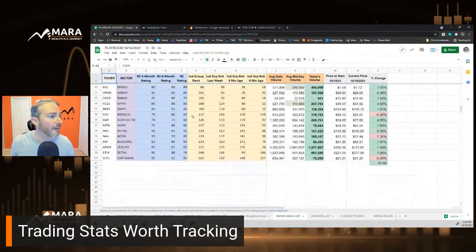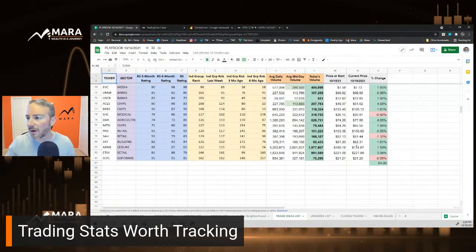I like to see after the market closes how many of these stocks are positive or negative, and it's telling me in real time, whether I'm looking at this in the middle of the day or after the close, how the market is treating stocks that are setting up. Right now, out of the 80 stocks, there's 64 of them that are positive on the week. So pretty strong.